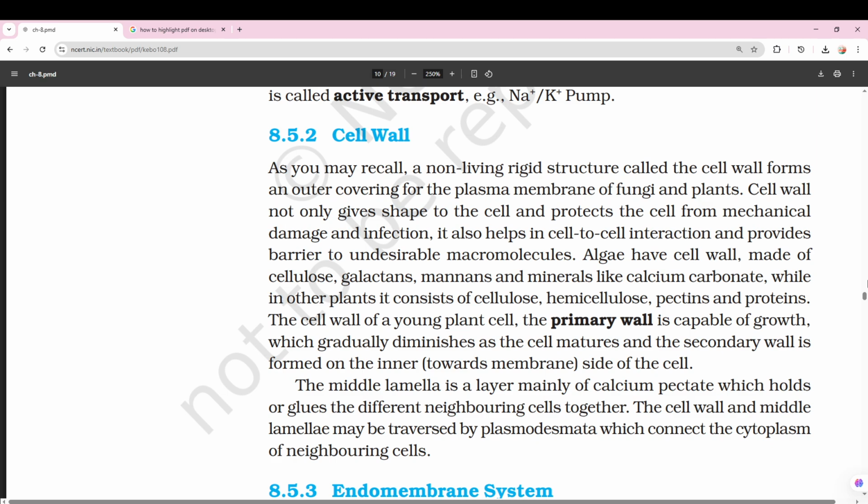Algae have cell wall made of cellulose, galactans, mannans, and minerals like calcium carbonate, while in other plants it consists of cellulose, hemicellulose, pectins, and proteins.